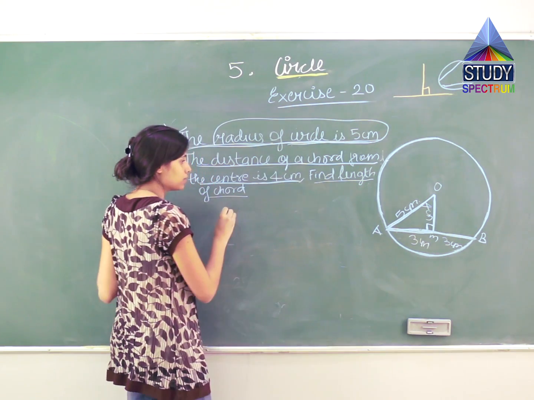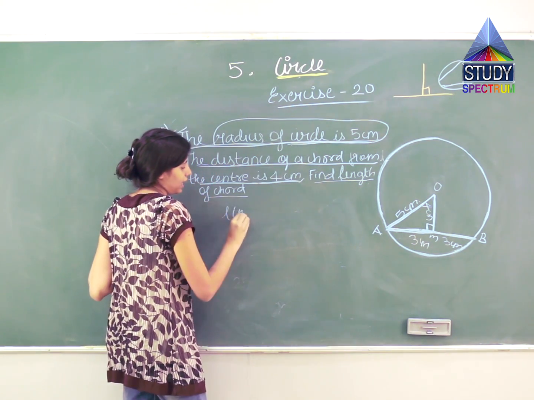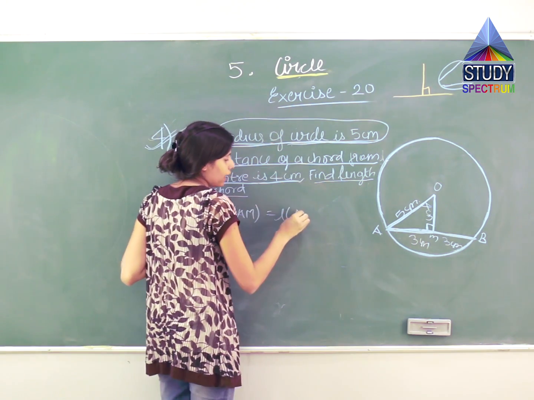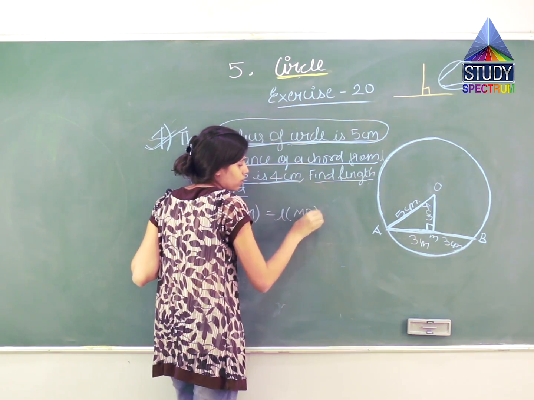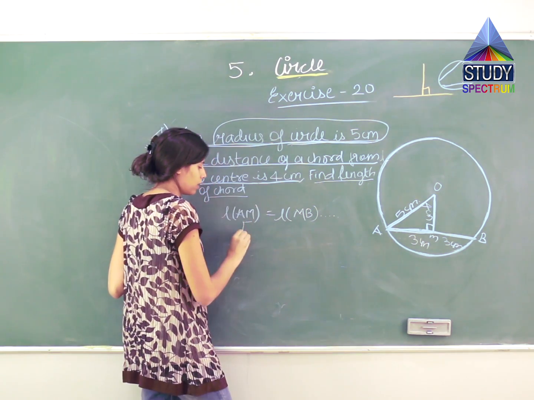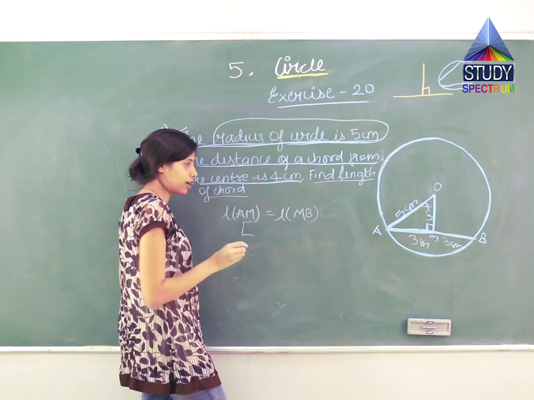How we will write this? Length of AM is equal to length of MB. The reason for this you can write it as the theorem. What does the theorem say?